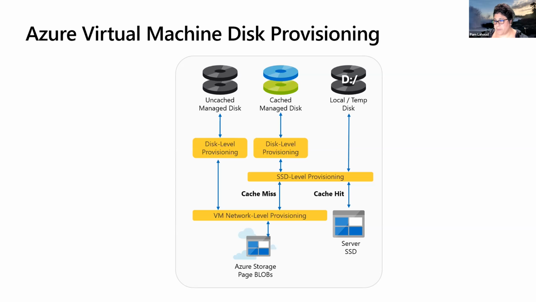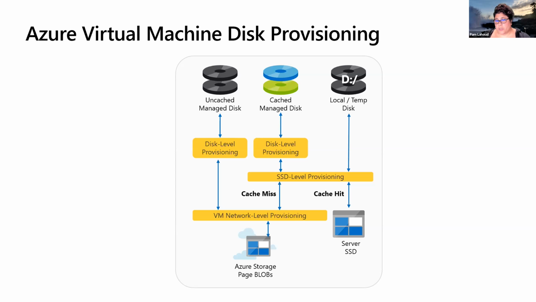Your uncached managed disk goes through that VM network, and then your cached managed disk is kind of a combination. When you turn on caching, we leverage the SSD that's attached to the host along with some memory on the host to provide a caching layer for your IO.